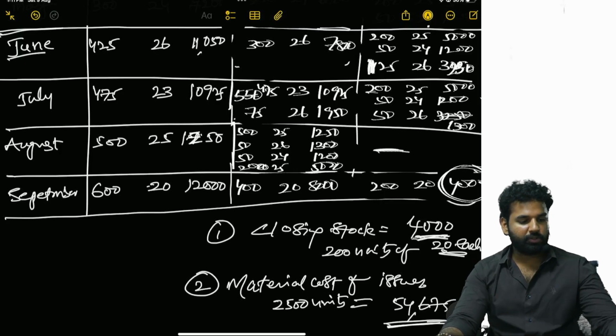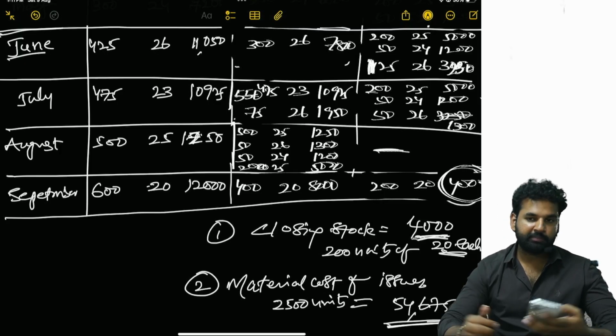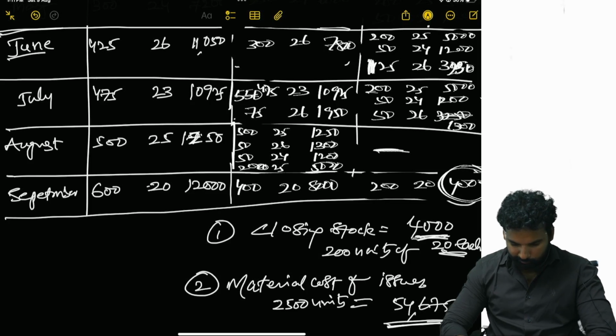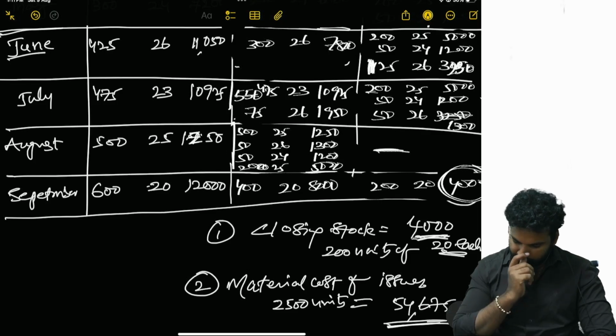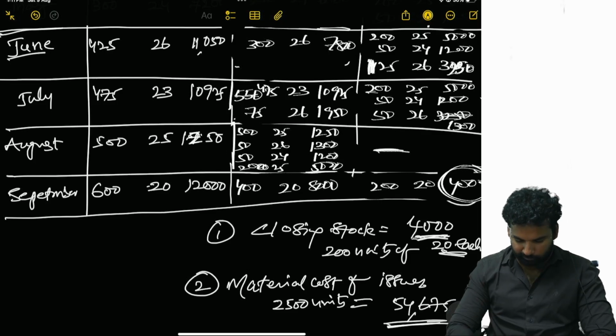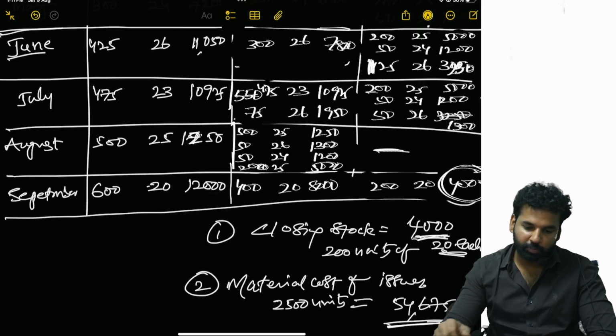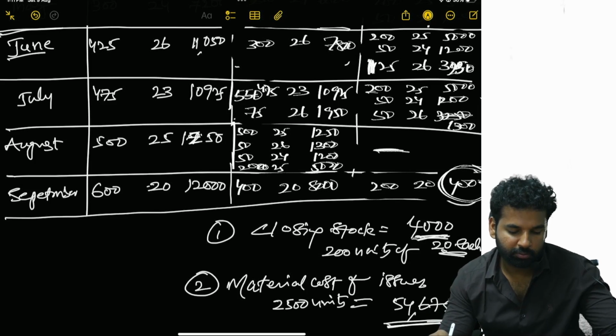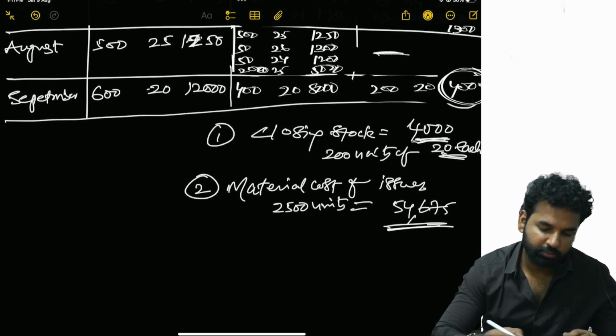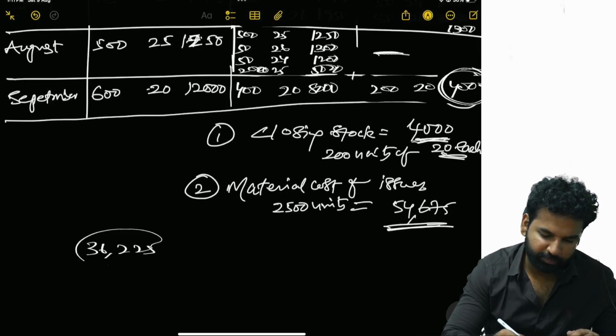What is the material cost of issues? How much? 36,225.